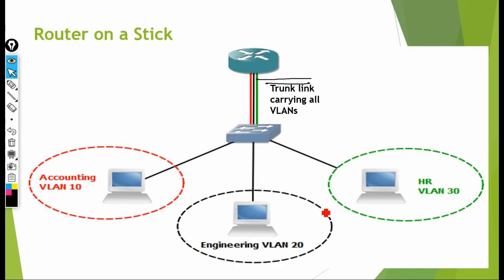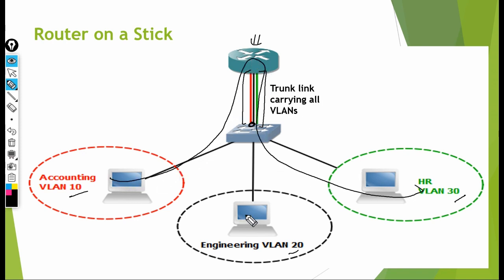Here is the example: you have VLAN 10, 20 and 30, and we are using a router here. This is your single physical link that we have divided into subinterfaces, and this must be configured as a trunk so that it can carry your traffic from one VLAN to another and allow the communication like this.